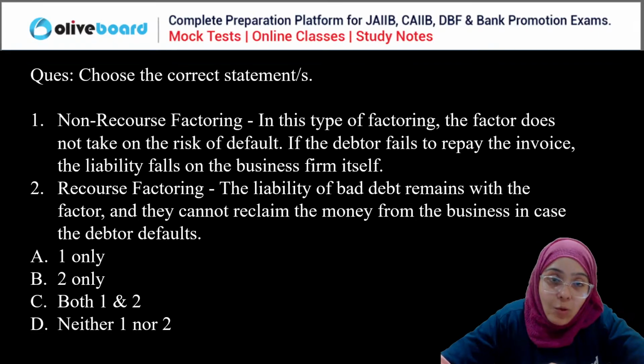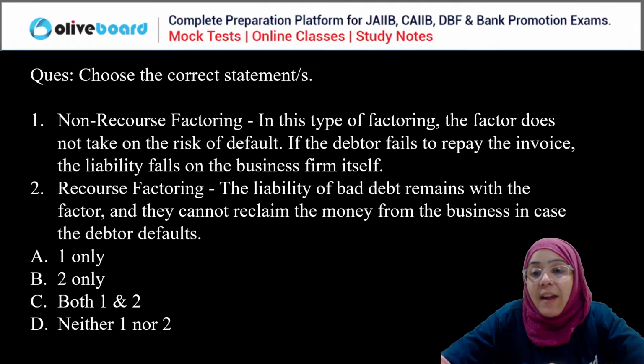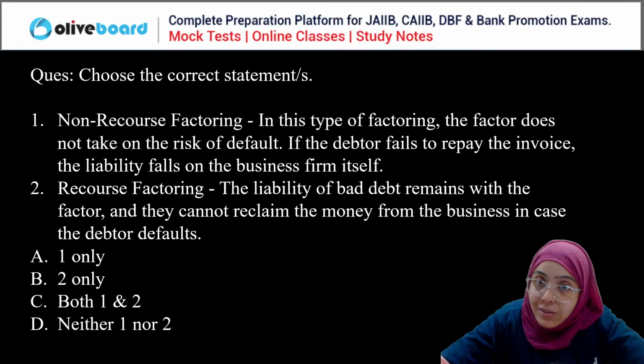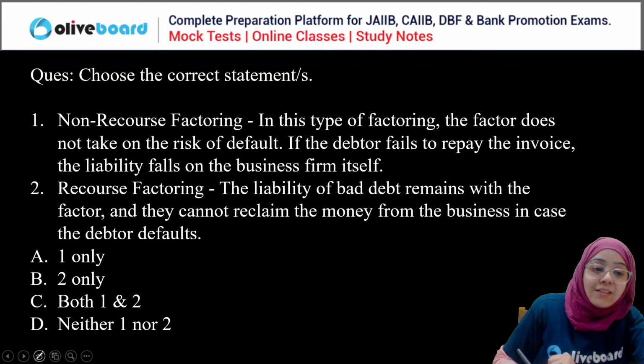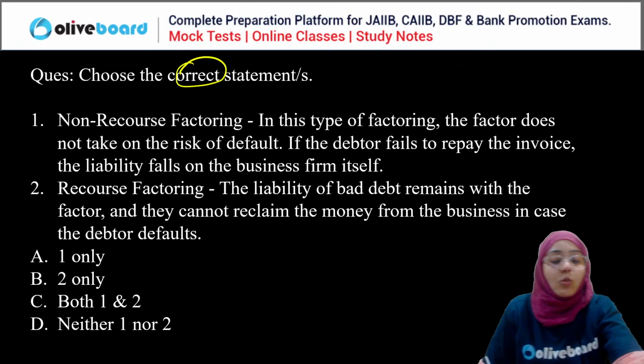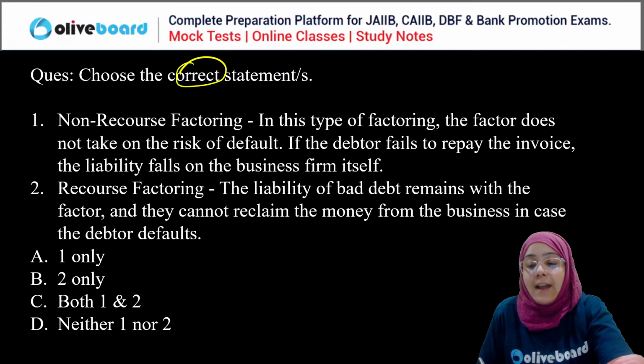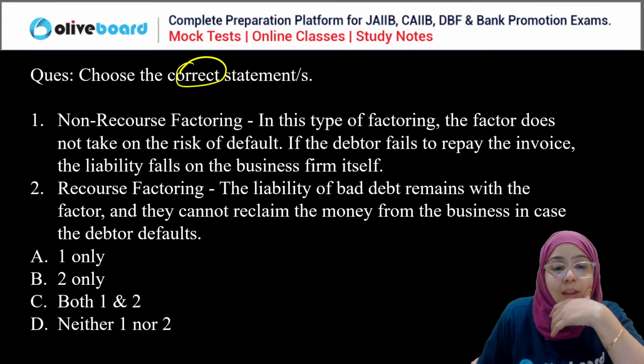That is known as non-recourse. Recourse: the liability of the bad debt remains with the factor and they cannot reclaim the money from the business in which the debtor defaults. Now you have to choose the correct statement regarding recourse factoring and non-recourse factoring.